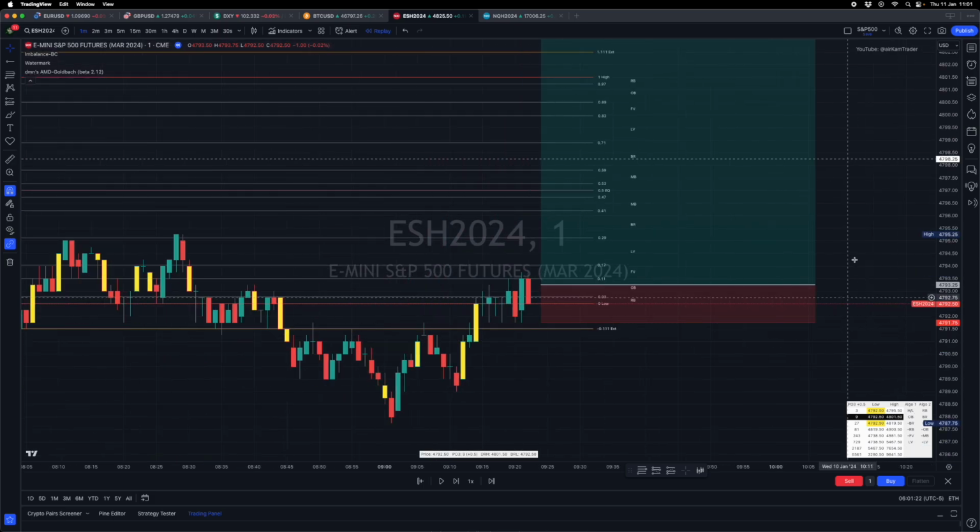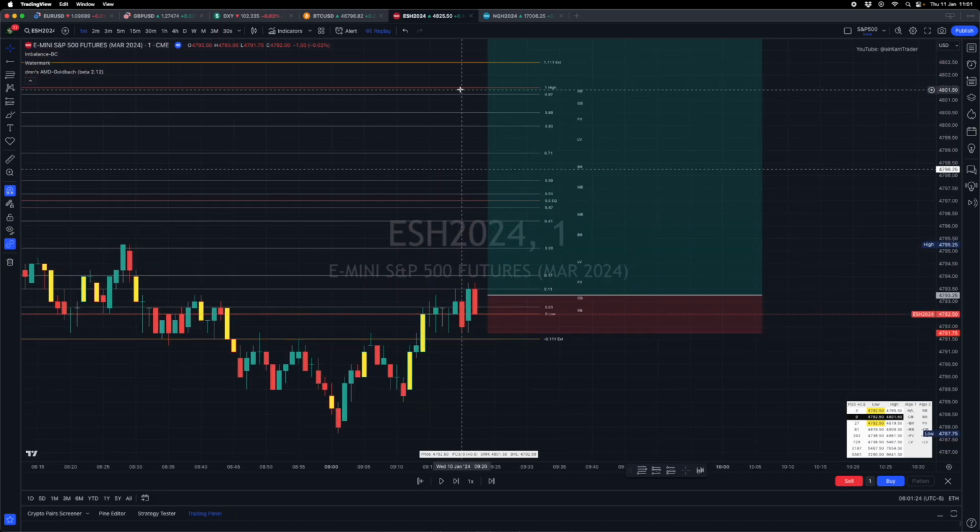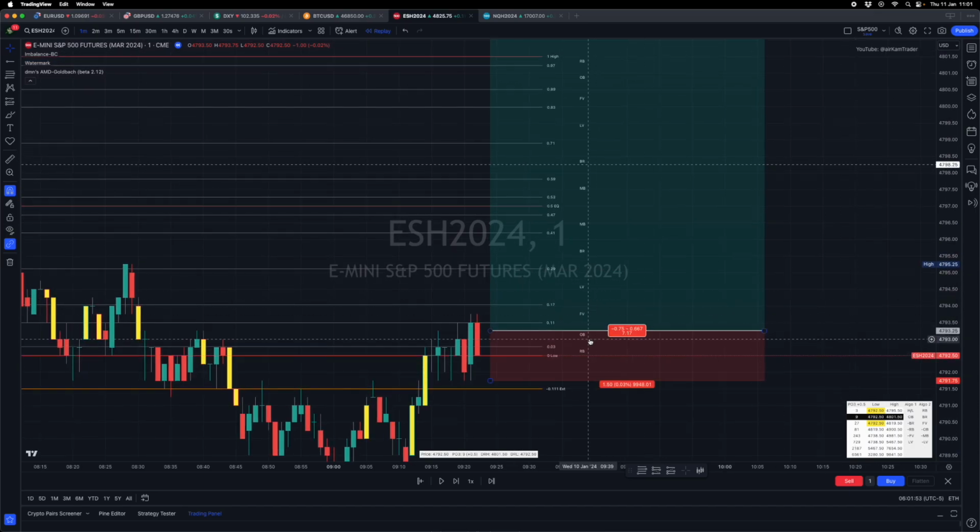So a quick refresher on Goldbach. These lines are determined by mathematics, specifically the power of 3 numbers using the Tesla vortex and the Goldbach numbers. When price is anywhere between the low and the high, so these are the dealing ranges that are predicted by Goldbach, Goldbach will tell you where the premium discount arrays will form.